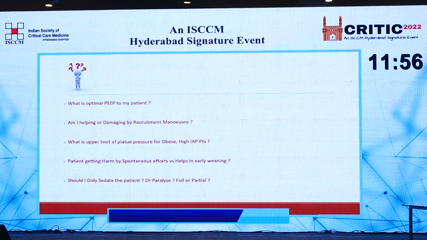So we are saying not just plateau pressure, you will limit the driving pressure. The driving pressure has to be as low as possible, maybe below 15. Your total plateau can be as high, can it be 30, can it be 35 or 40, but as long as your driving pressure is less than 15, it's fine, your PEEP can go up.